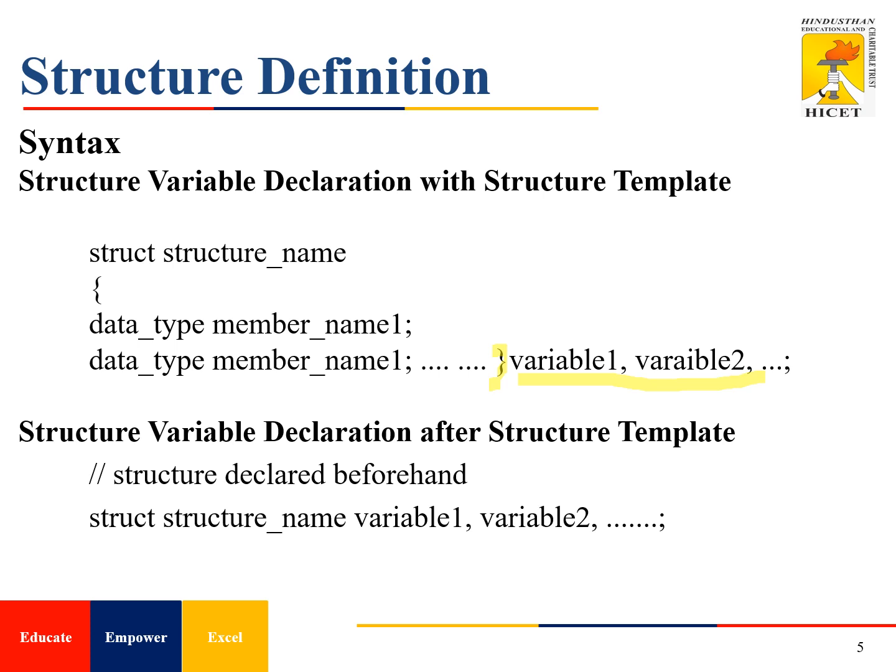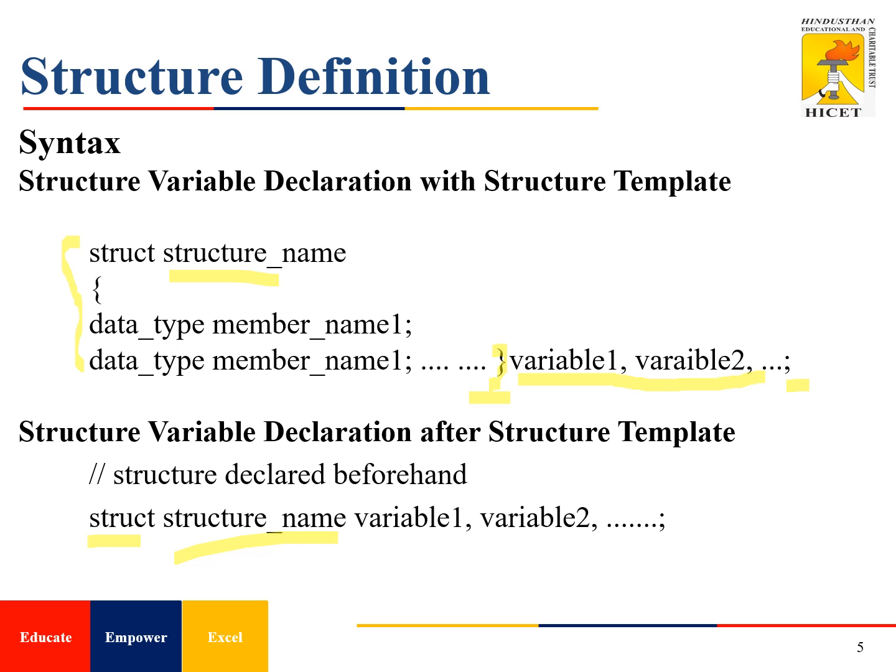Structure variable declaration after structure template is that first we need to declare the structure like this, put curly braces here, and mention a semicolon after the curly braces. After that you need to write the keyword struct and the same structure name, and then variable 1, variable 2, etc., followed by a semicolon.